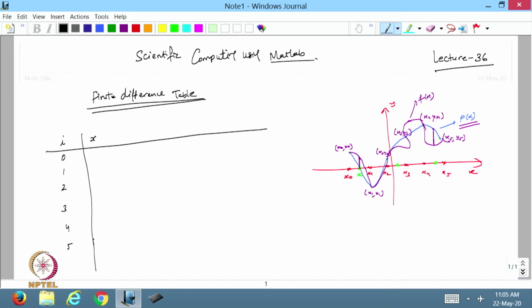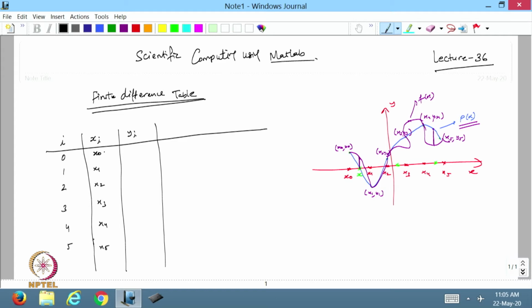Now, the x coordinates are given to me: x0, x1, x2, x3, x4, x5, and these are the values of y given at x0.